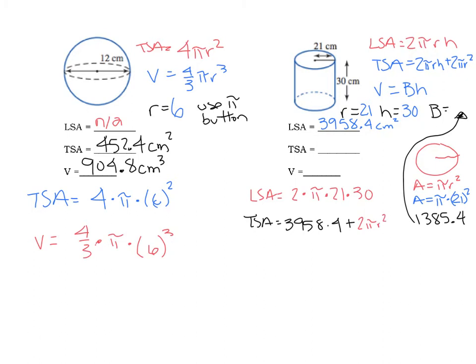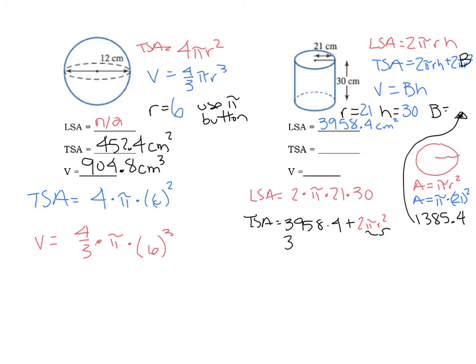Well, hopefully there's something you're recognizing here. Pi r squared, that's actually capital B. So we could almost rewrite the total surface area formula for a cylinder to really be plus 2B. That's essentially what it is.